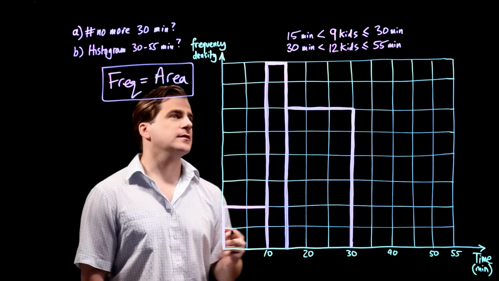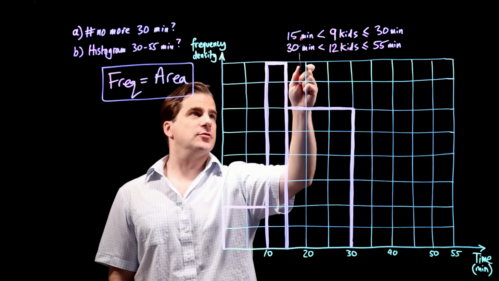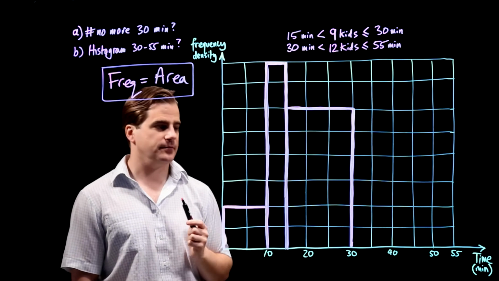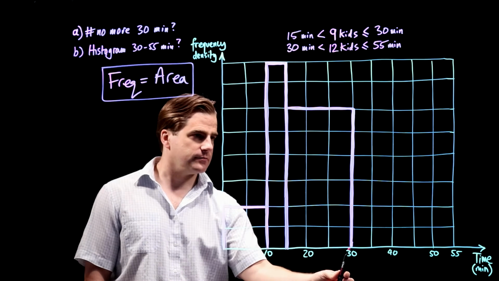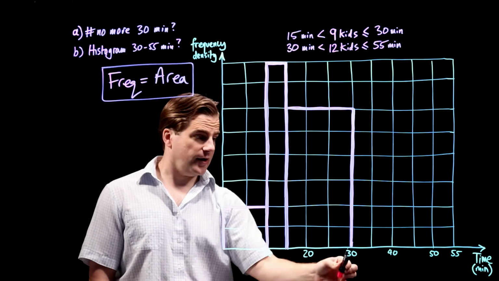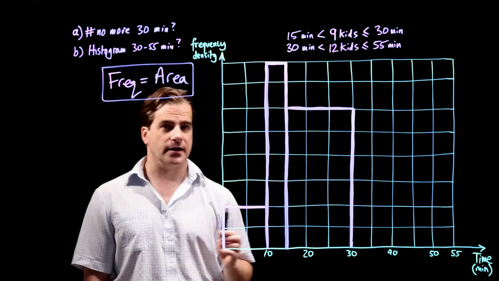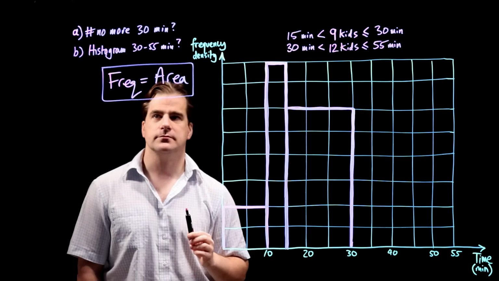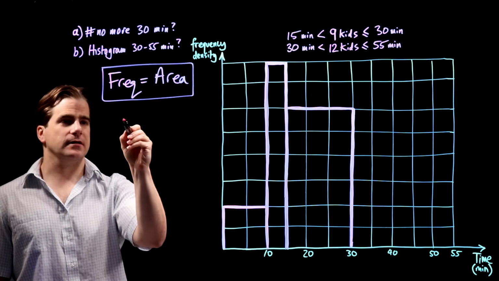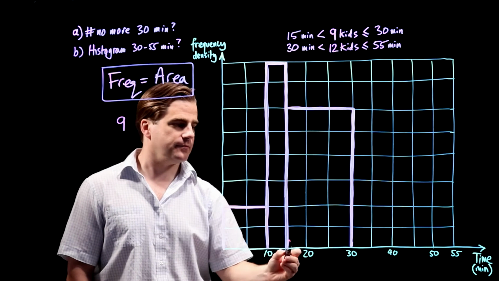They've told us that 9 kids take between 15 and 30 minutes. So there's 15 minutes and there's 30 minutes, so it's this box here. That represents 9 kids. So the frequency is 9.